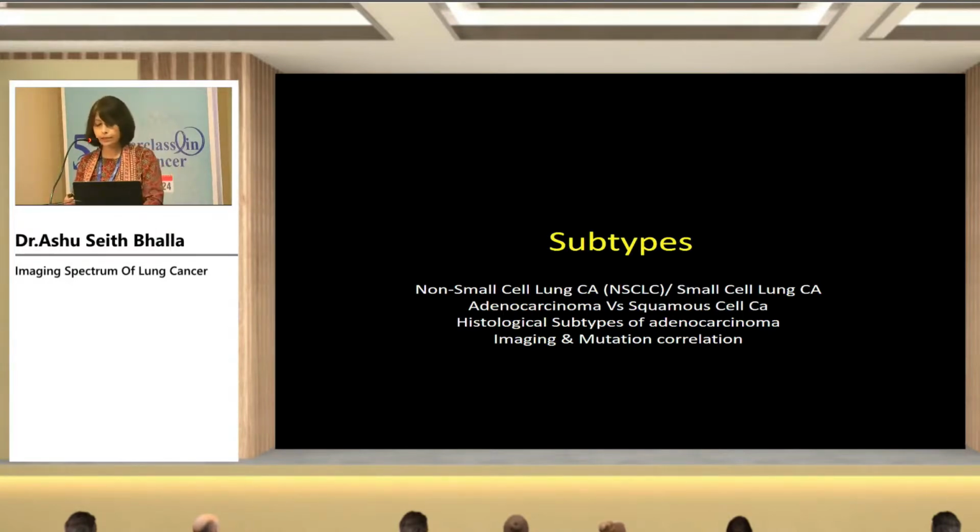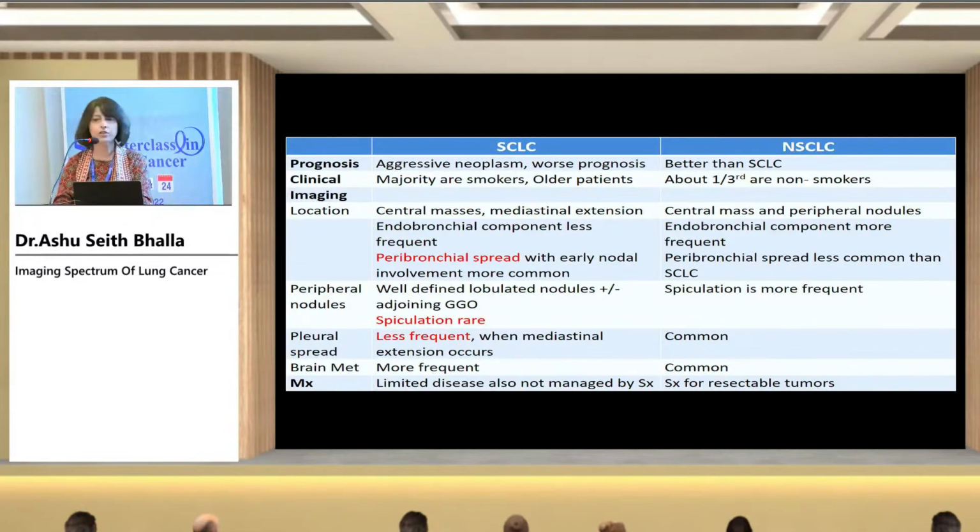So it does help if you can predict the subtype. The first main subtype prediction is differentiating the epithelial from the neuroendocrine variant, which means is it NSCLC or is it a small cell carcinoma?